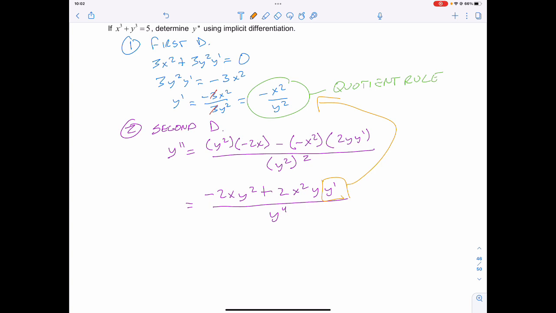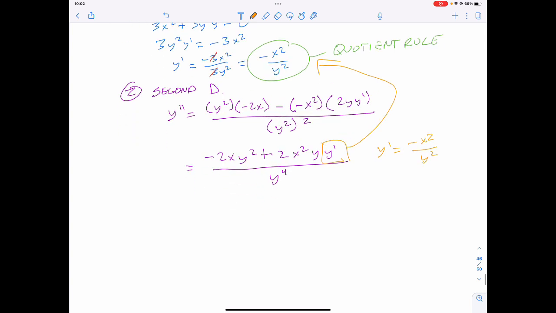We know that y prime is equal to negative x squared over y squared, which means that this is actually negative 2x y squared plus 2x squared y, and then negative x squared over y squared, all being divided by y to the 4.